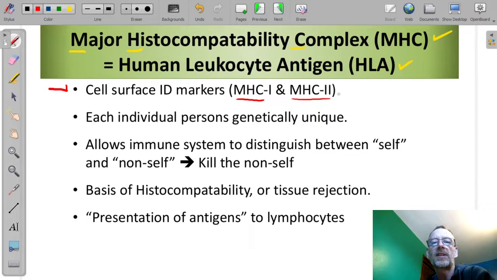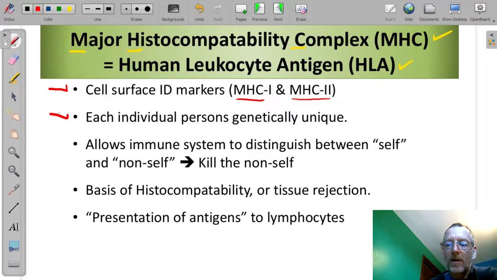So this is how the immune system identifies whether your cells are yours or if they're somebody else's. And it forms the basis of tissue rejection. But these proteins are genetically determined and they are unique per individual.